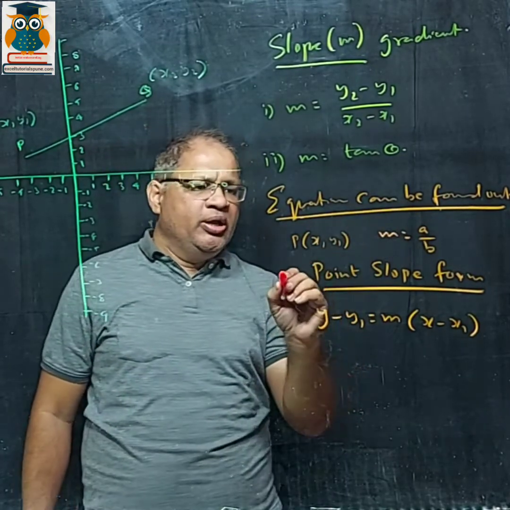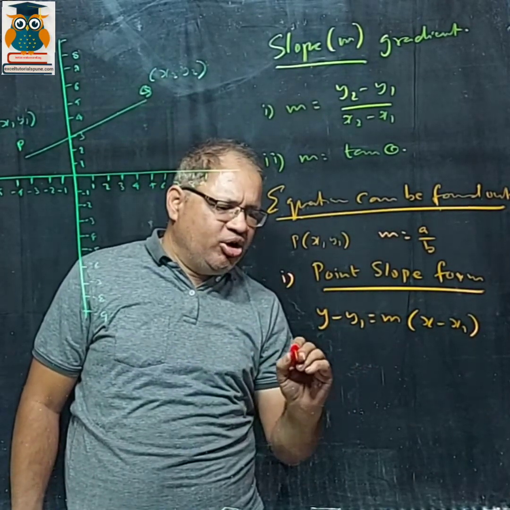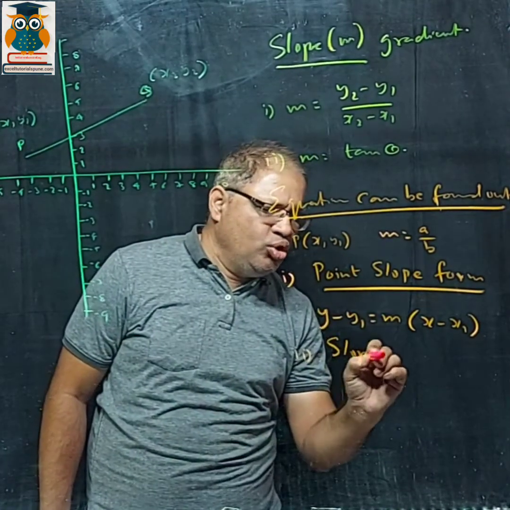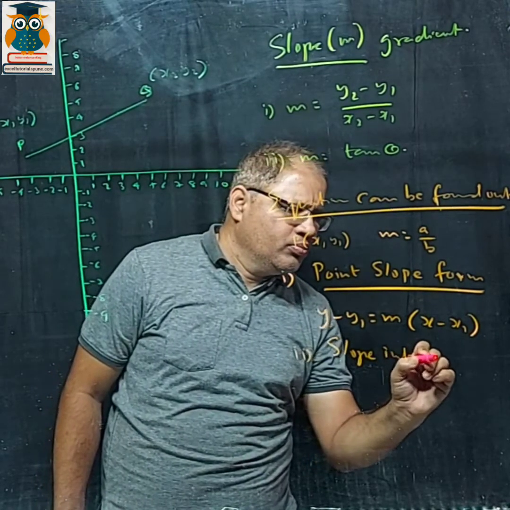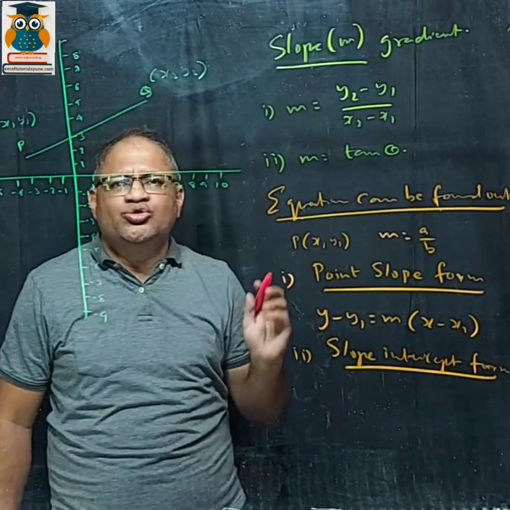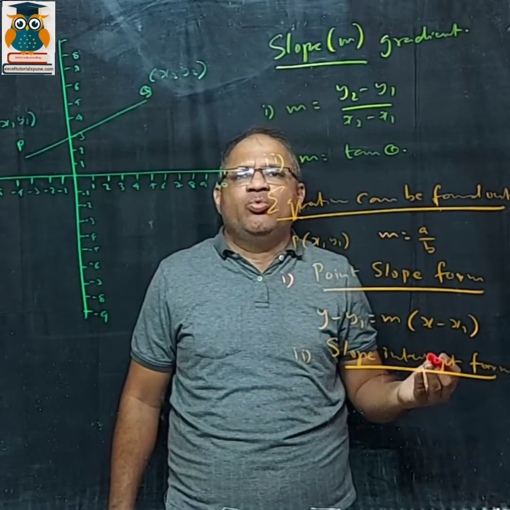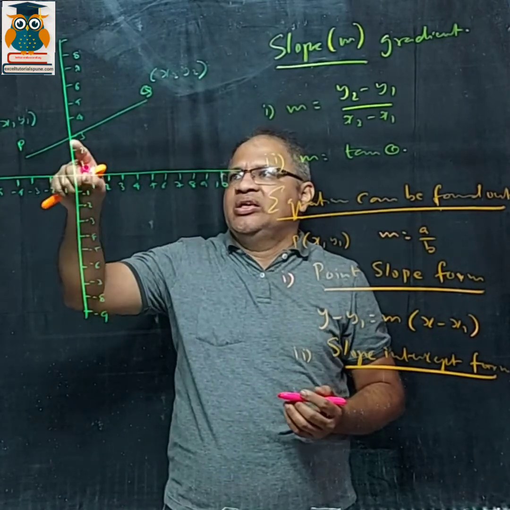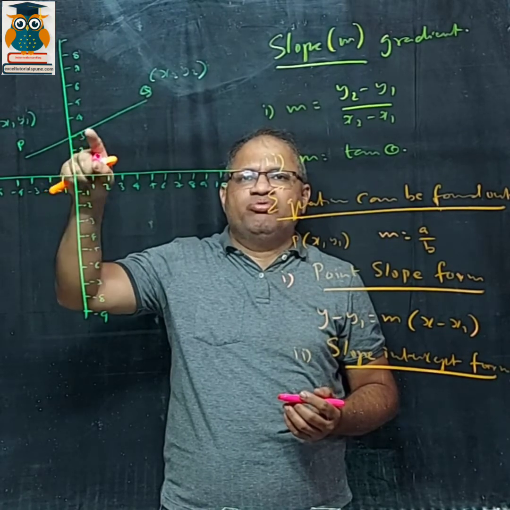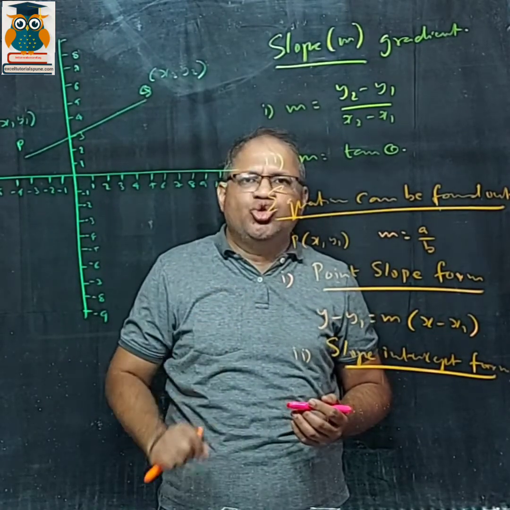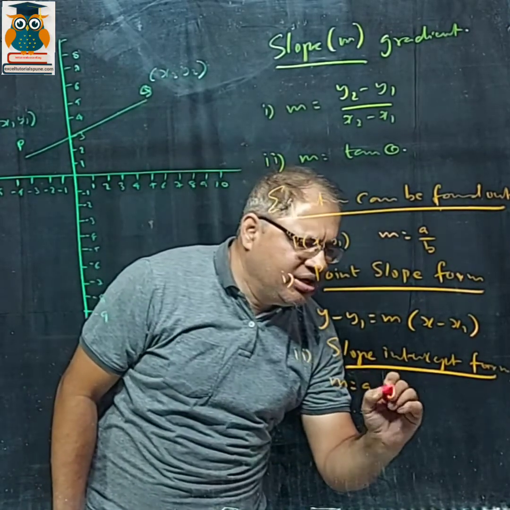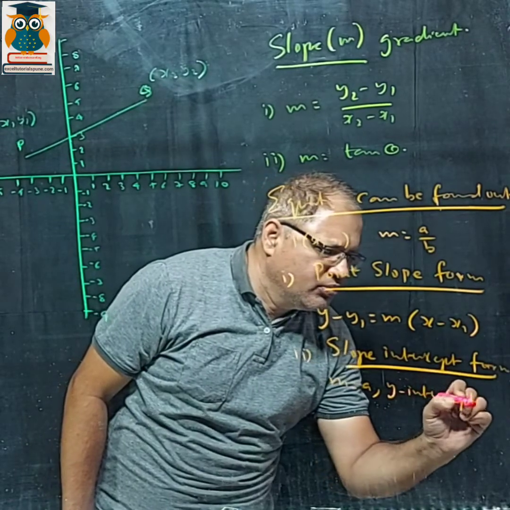Equation can be found out by this one method, and there is another method also, that is slope intercept form. Slope intercept form is to be used whenever they have given the y-intercept. Supposing this line is cutting the y-axis at point 3, that means the y-intercept is given.